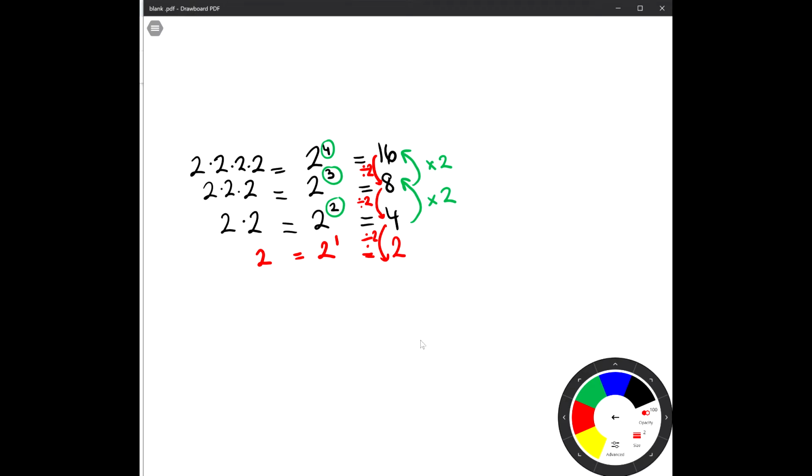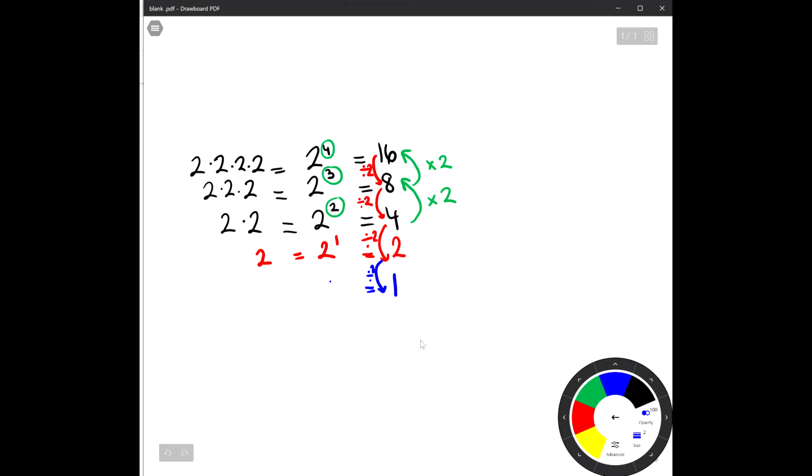Now, next, if I keep going one more time backward, that means I have to divide by 2 again. So 2 divided by 2 gives me 1. And if I follow the pattern for the exponent, I go backward, so that means I decrease my exponent.